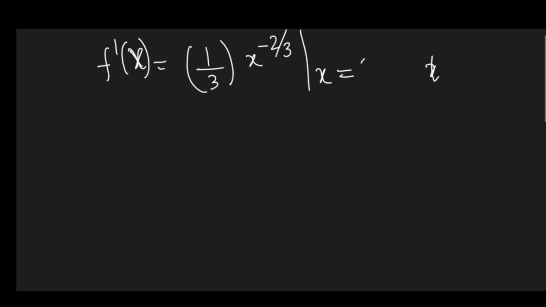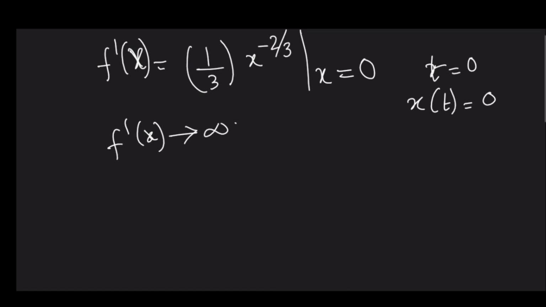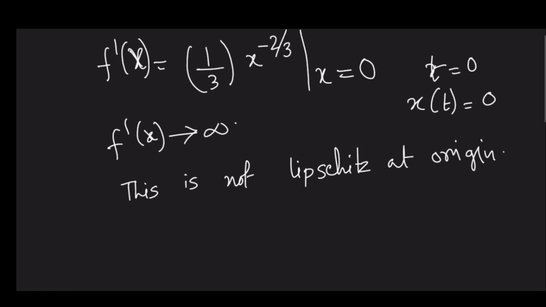As we have said, at t equal to 0, x(t) is equal to 0, you can see that at x equal to 0, this f dash x tends to infinity. So this is not Lipschitz at the origin. Therefore, you cannot get a unique solution for this one.